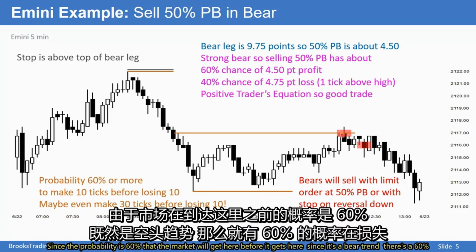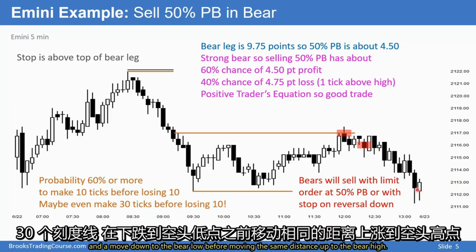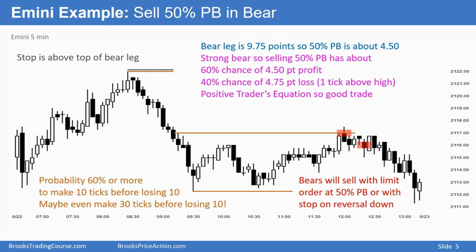Since the probability is 60% that the market will get here before it gets here, since it's a bear trend, there's a 60% chance of making 10 ticks before losing 10 ticks, 20 ticks or 30 ticks before losing 20 or 30 ticks, and a move down to the bear low before moving the same distance up to the bear high. The trader's equation is positive.